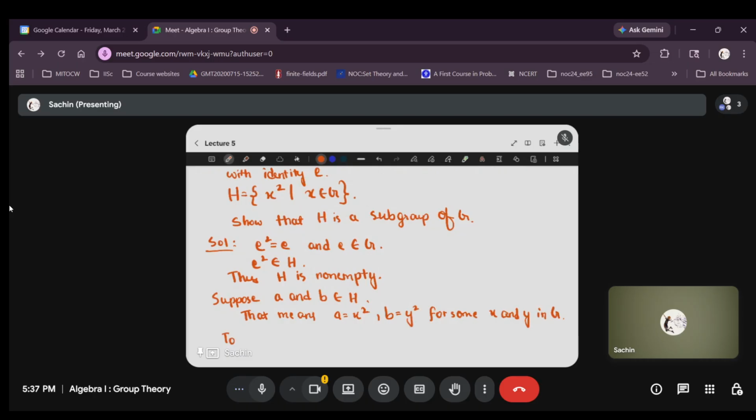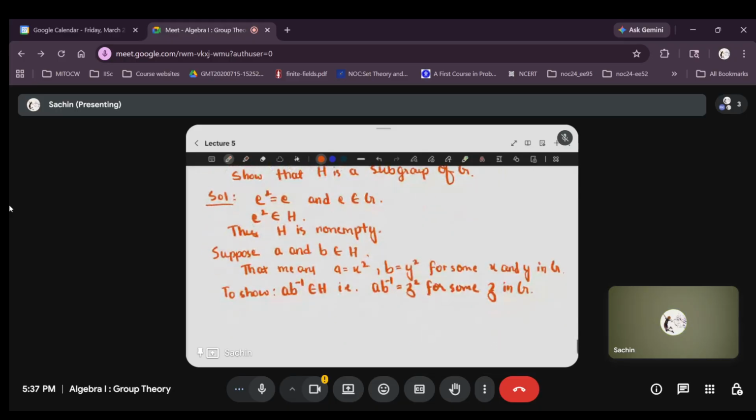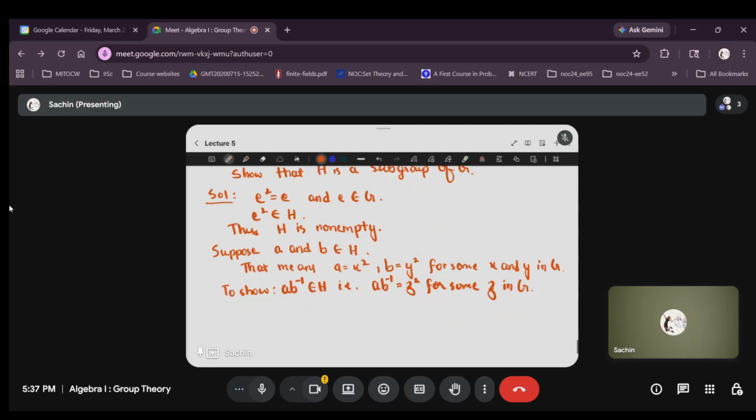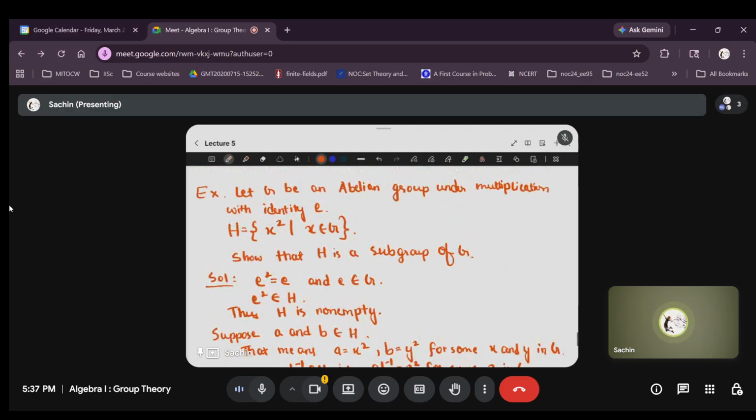So to show AB inverse belongs to H. In other words, AB inverse is equal to Z square for some Z in G. For some Z in G, that's how H is defined.